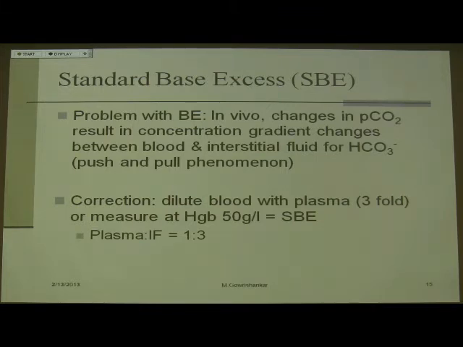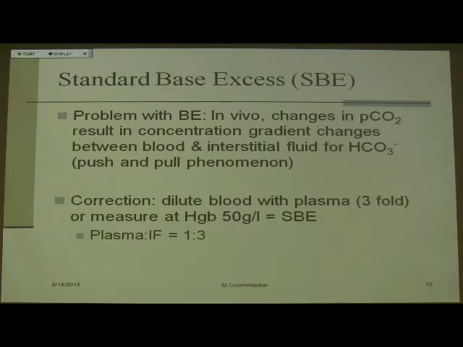Because now you've got blood and interstitial fluid talking to each other and saying, oh, your PCO2 is going up in the interstitium, therefore I'm going to hold on to some bicarbonate. Or my PCO2 is going down in the interstitium, therefore I'm going to pull some bicarbonate, or whatever. So this is called the push and pull phenomenon. And because of that phenomenon, you have to realize that it's not going to be exactly the same as what's outside the body. So why does that happen? That's because we have the ability to buffer the hydrogen with other anions.